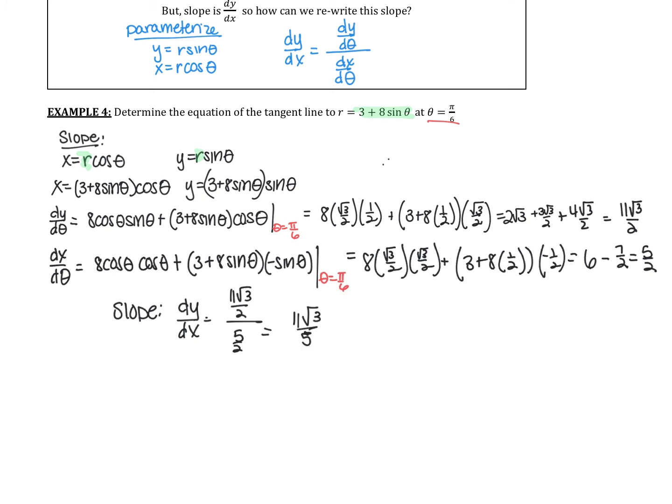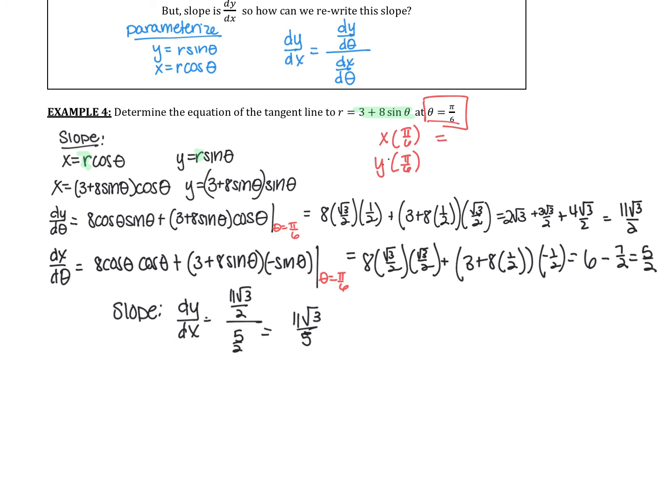Now, I need to find a point. Well, the point, all I know is theta. So I'm going to take this theta equals pi over 6 and find x of pi over 6 and y of pi over 6, because I need this in rectangular form.